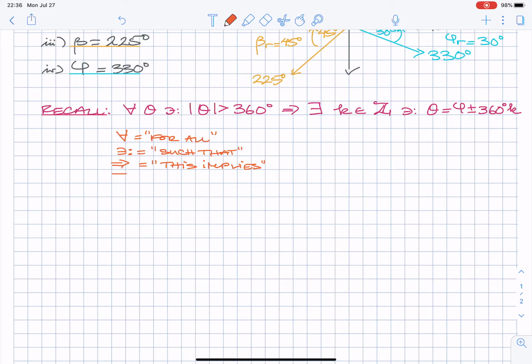The backwards capital E means there exists k, and the forward C with a line through it means in, or an element of, Z, which is a 7 and an upside down 7, capital Z, is the integers.